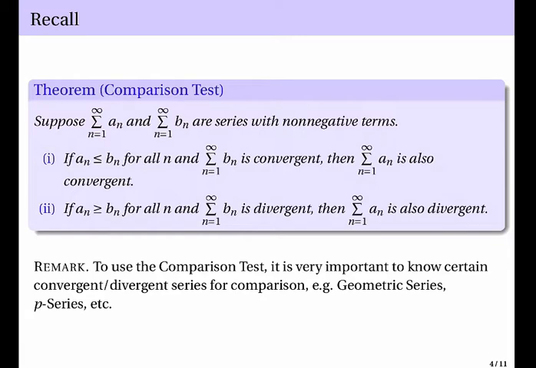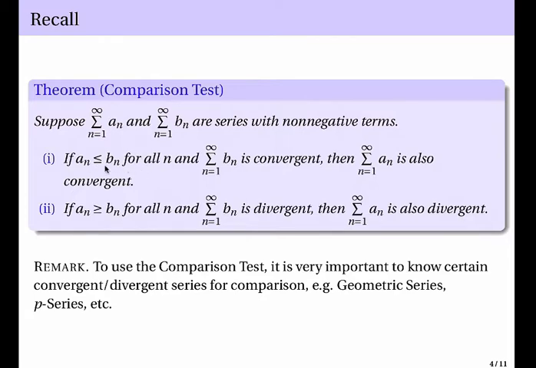Now, if a sub n is less than or equal to b sub n for all n, and the series b sub n is convergent, then the series a sub n is also convergent. However, if a sub n is greater than or equal to b sub n for all n, and the series b sub n is divergent, then the series a sub n is also divergent.